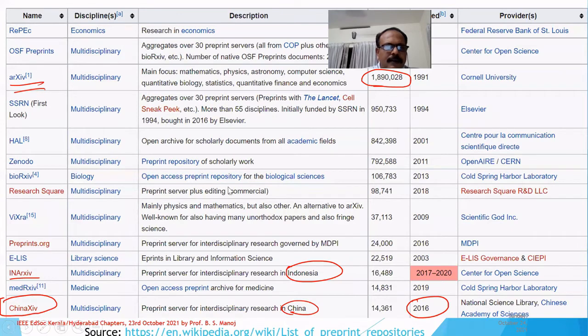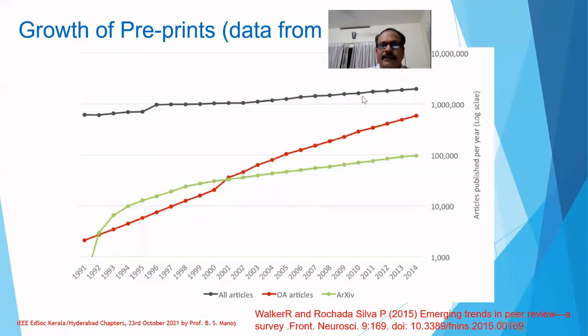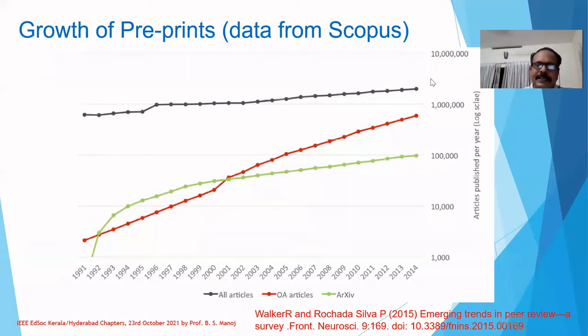Now, let me show one example of how much popular this is. So this is an example from the study conducted with the Scopus database in 2015. This was being conducted in 2015, but using the data up to 2014. So in Scopus recorded papers, you can see that all articles were something like 1 million plus, between maybe 1 to 2 million papers.